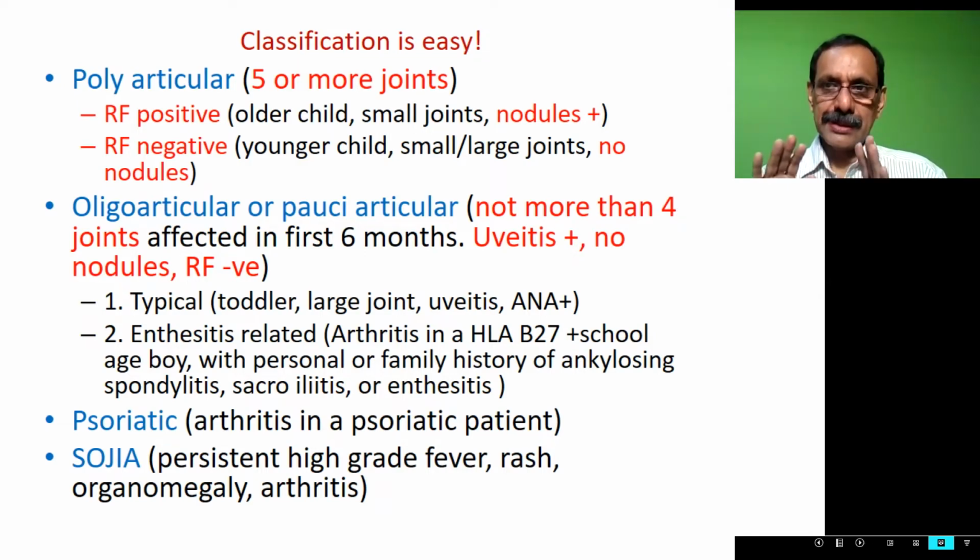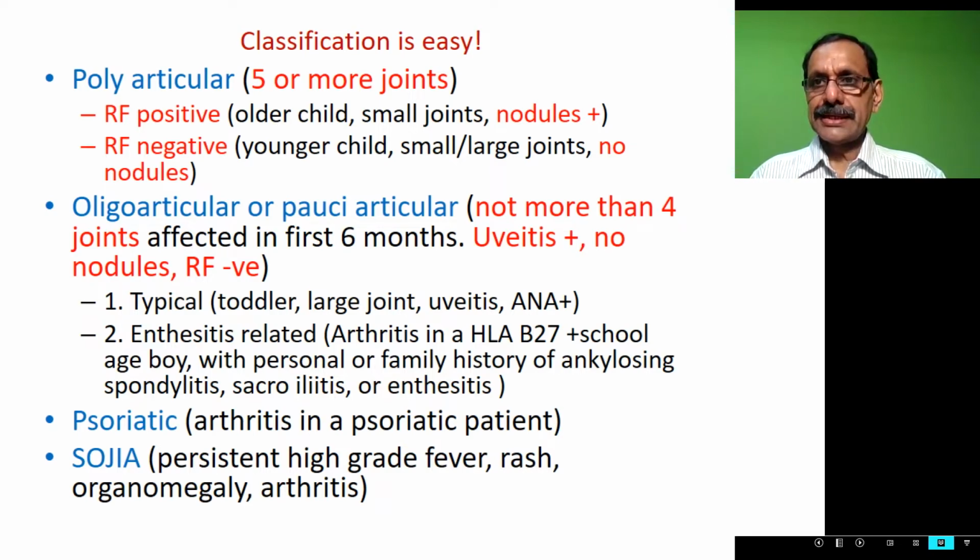Polyarticular can be rheumatoid factor positive or rheumatoid factor negative. Rheumatoid factor positive polyarticular is the adult type of rheumatoid arthritis, which means it comes in a much older child, affects small joints. Of course, larger joints can be involved, but typically small joints are involved. You can have rheumatoid nodules.